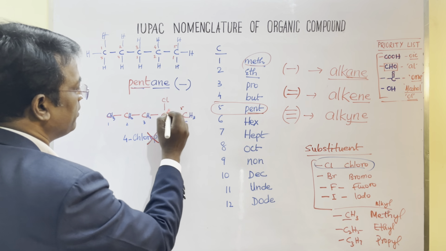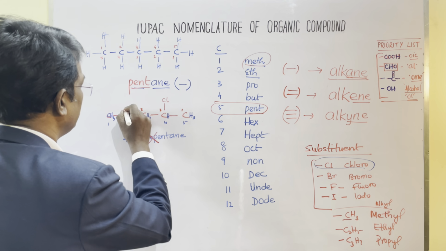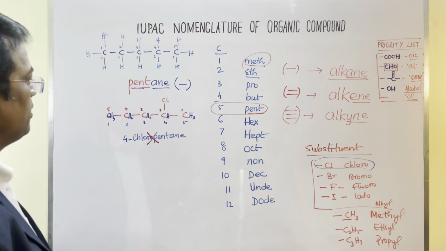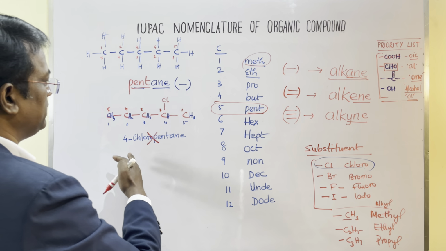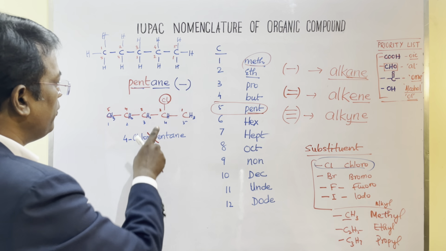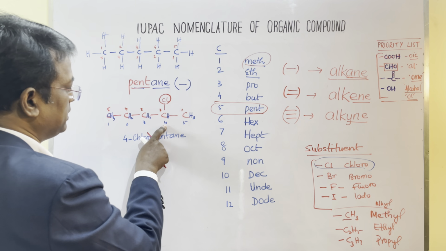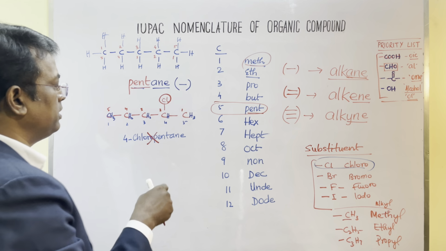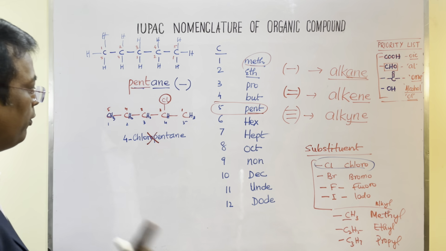Now this is 1, 2, 3, 4, 5. If I count from right to left, chlorine will get the lowest number in comparison. From left to right it gets the number 4, but when we number from the other side, this carbon has been assigned 2. 2 is the lowest, so we'll take the lowest value.